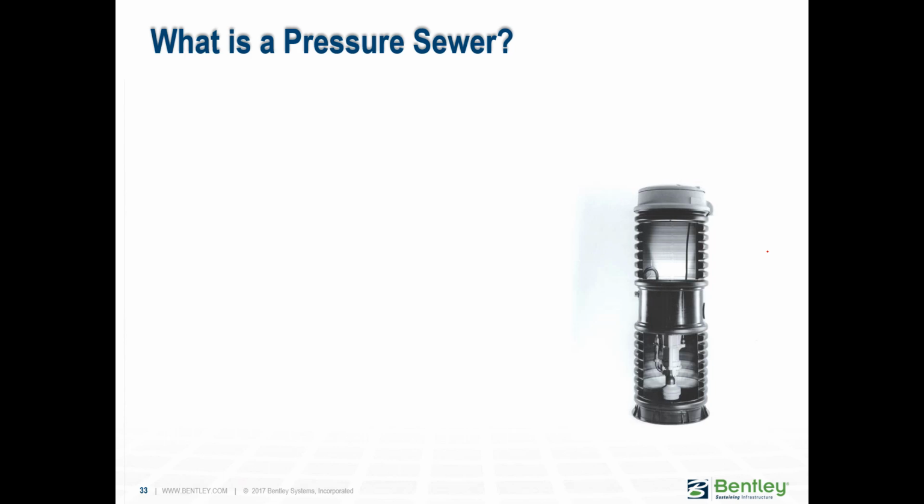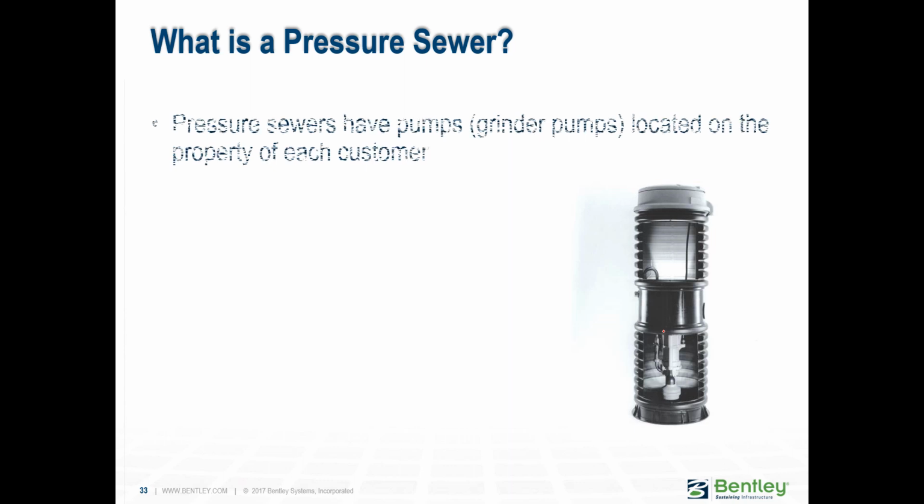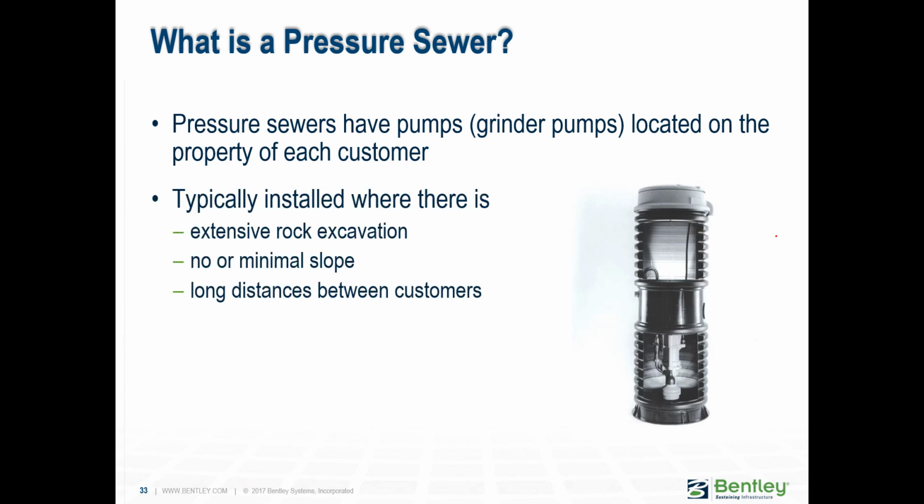Okay. So pressure sewers. I'm missing a picture here. I had a student once last year, and he actually worked for a company that manufactured these grinder pumps, and he refuted some of my claims, and I promised I would put a picture of his pumps here, and I don't have it in this presentation, so I'm sorry. But basically, pressure sewers use individual grinder pumps located typically in the basement of each customer.